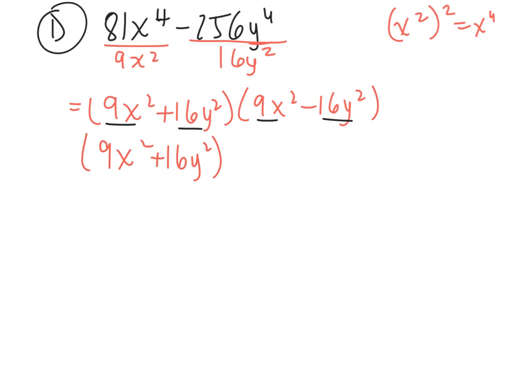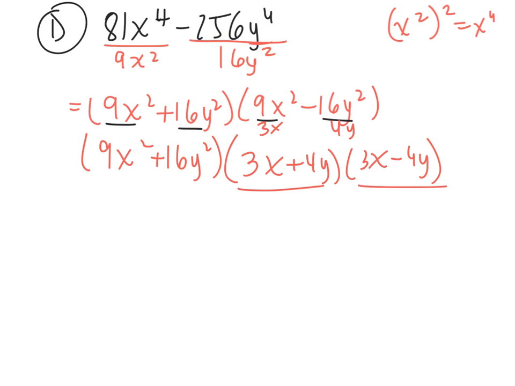But over here I can go further. I know that the square root here would be 3x, here it would be 4y. So I can rewrite this second factor as 3x plus 4y and 3x minus 4y. Does it matter which factor I write first, this one or that one? No. Okay. Multiplication commutes, order doesn't matter.